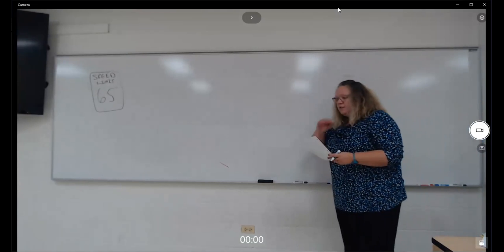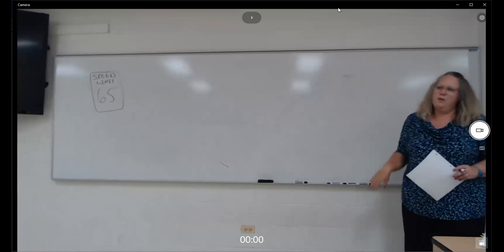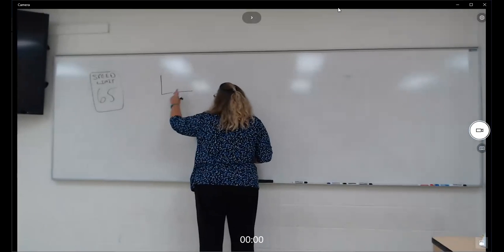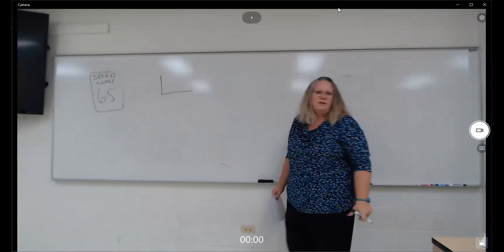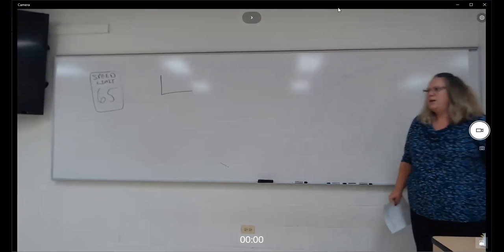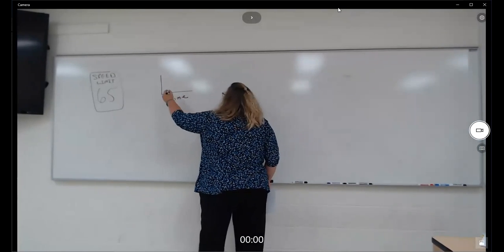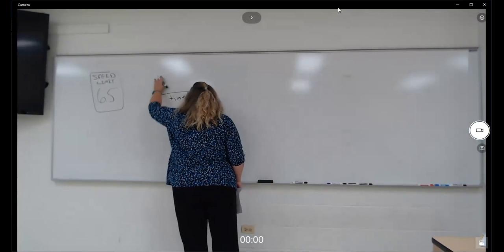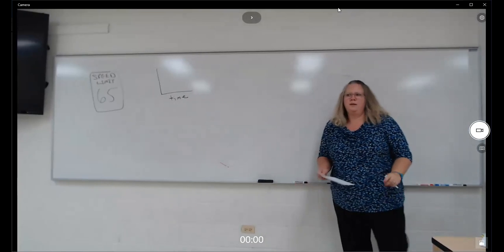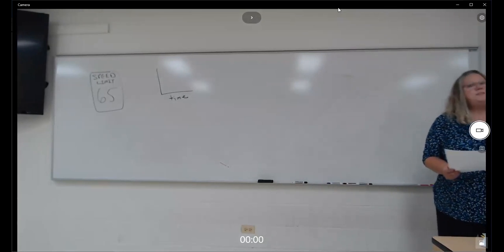And like I said, we don't actually even use the 55 miles per hour or 50 miles per hour. Whenever you're graphing, what is always x? X is always time. And y is going to be, does anyone want to guess?